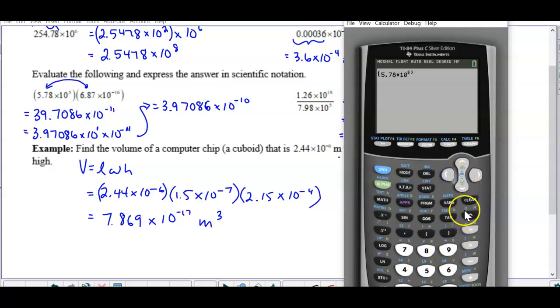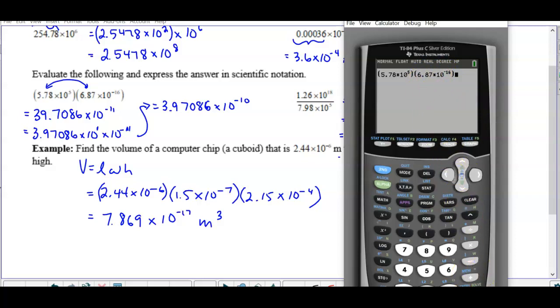Oops, got to get out of the brackets. That's what you have to be careful of in the newer versions of this calculator. If you have an older version, then it won't be raised up like this. You'll see the actual caret symbol.